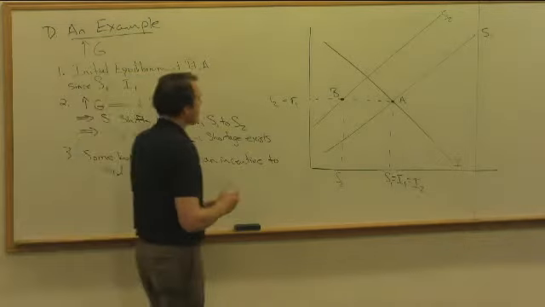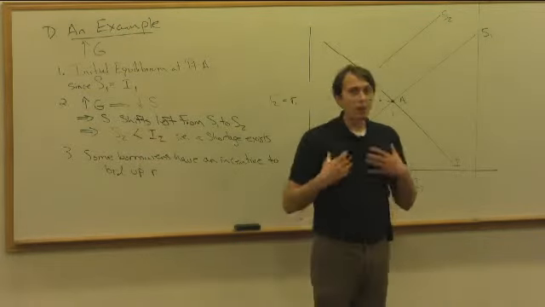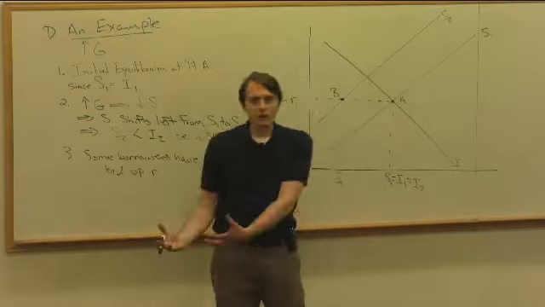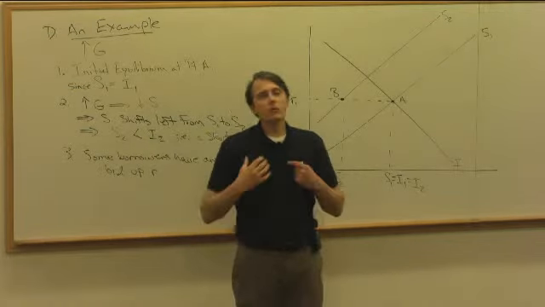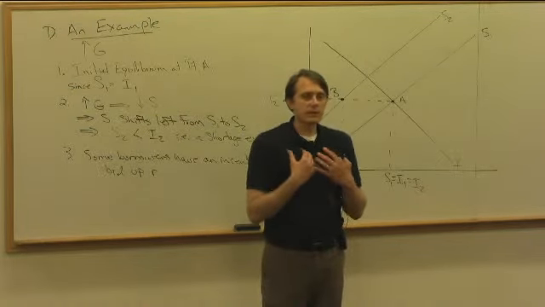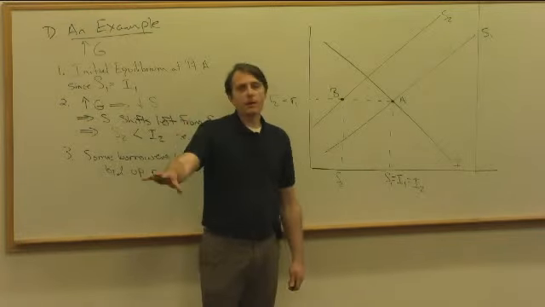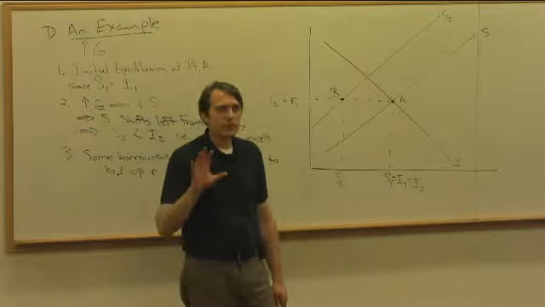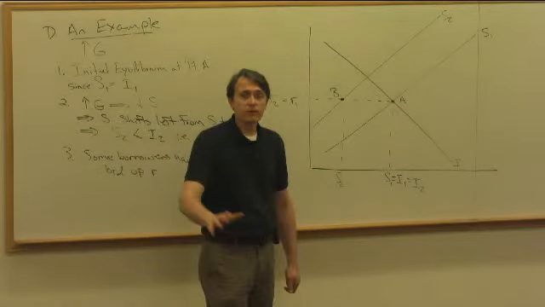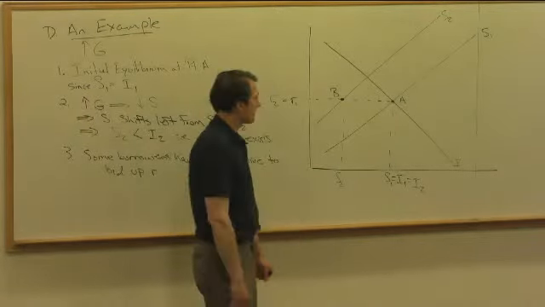Why? Because if there's a shortage, some people want to borrow who can't get it. There's some people out there who want to borrow to get a house, but they can't. Well, if you're someone who wants to borrow, how do you convince Bank of America to make a loan to you rather than someone else? You offer to pay a higher real interest rate. That's the one thing that you have that you can use to distinguish yourself from all the other potential borrowers out there. The same thing's true of firms.